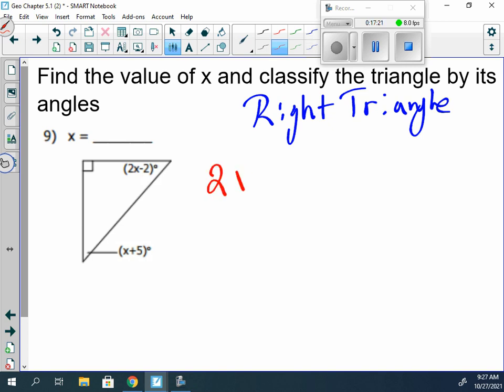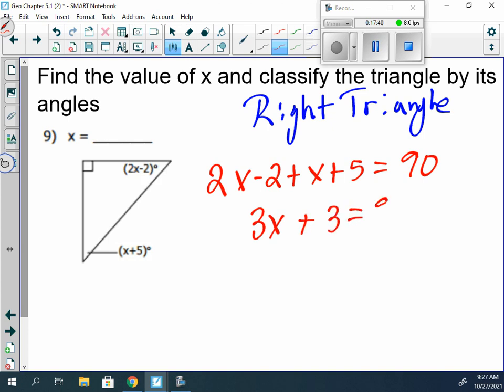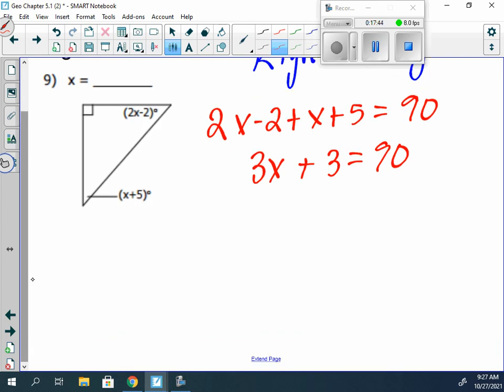And then we can set 2x minus 2 plus x plus 5 equal to what? 90 degrees. Is equal to? Then what can we do next?